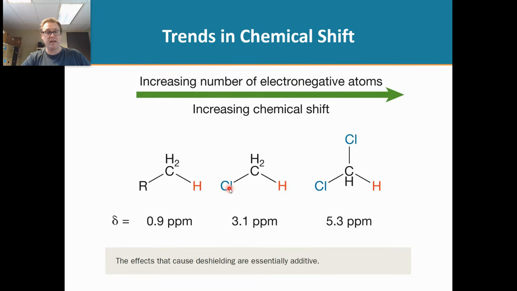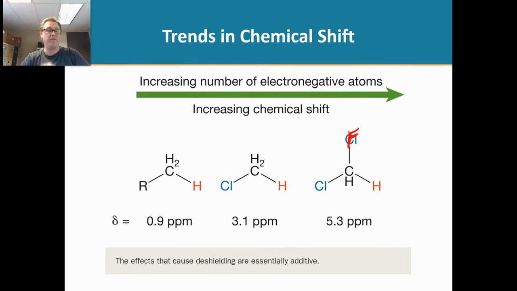So when we continue to add additional electronegative elements to the molecule, the hydrogens are going to be deshielded, and so essentially it's additive. Instead of a chlorine right there, if you had put a fluorine instead, you would still see the same thing.